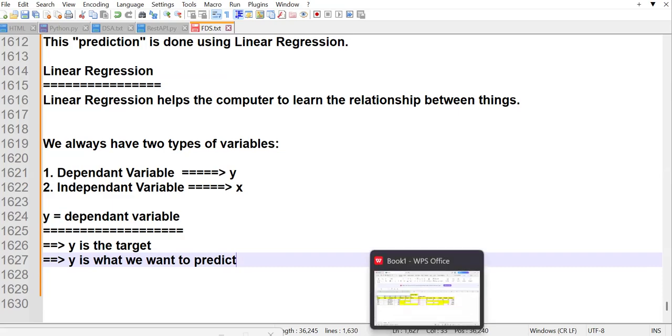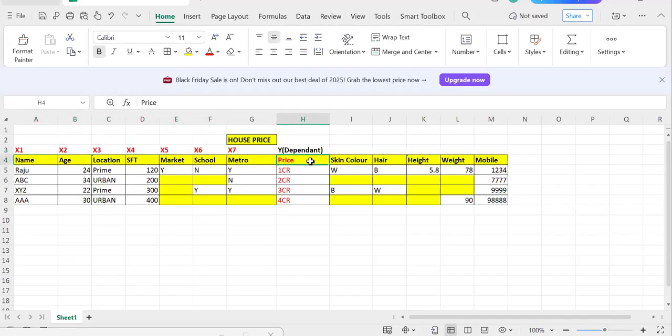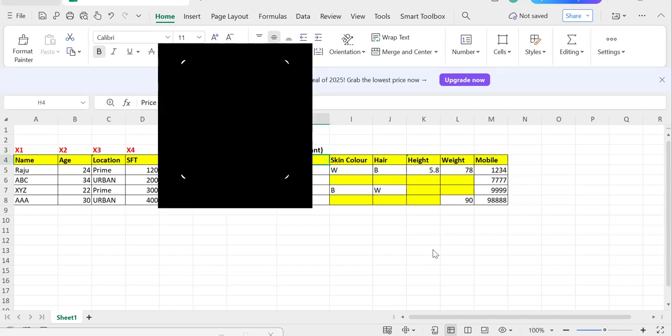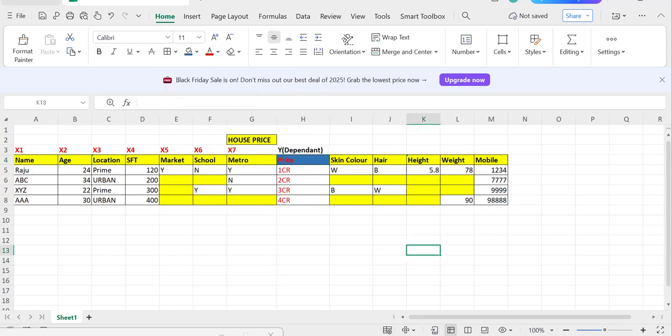For example, here we are predicting the house price. What are we predicting, guys? We are predicting the house price. So price is the dependent variable.